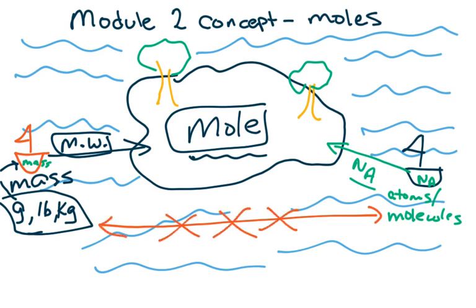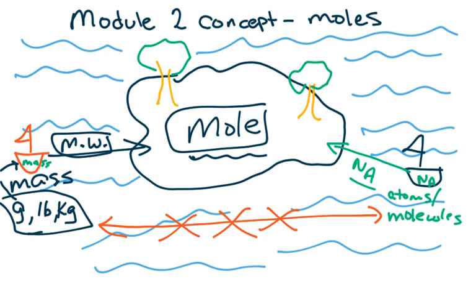There are no tickets to get you from the mass boat over here to over here. Okay? So the only way you can do that is you can go from the mass boat to moles, and then from moles to atoms or molecules. Or you can go from atoms or molecules to moles, and then back to mass. That's right. That's the only path right now.